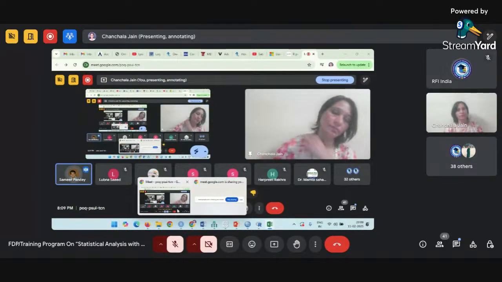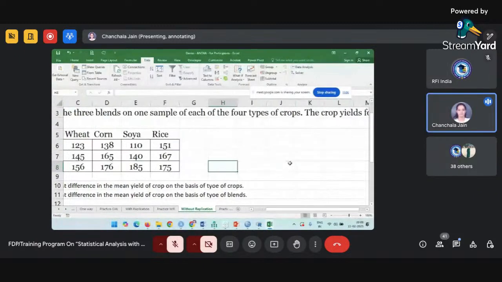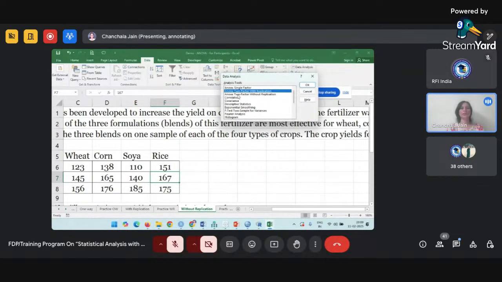Yes, ma'am. Fine. So we are now testing these hypotheses using the available data. We'll go to the data, data analysis, and then using the box, you need to select the third option, ANOVA two-factor without replication, and click on OK.